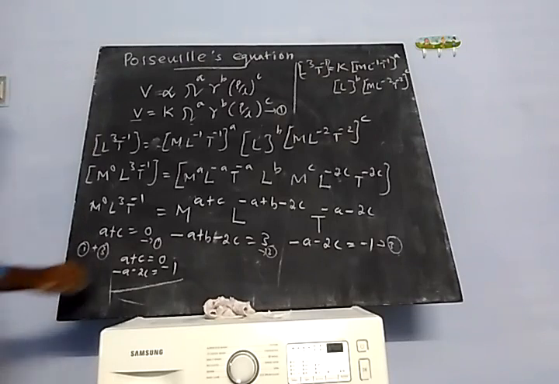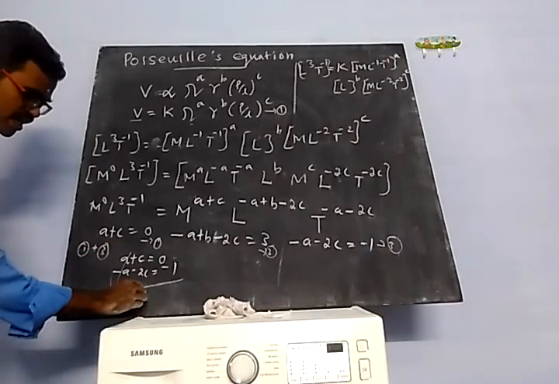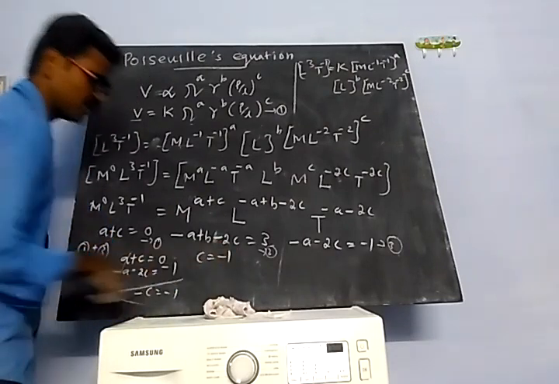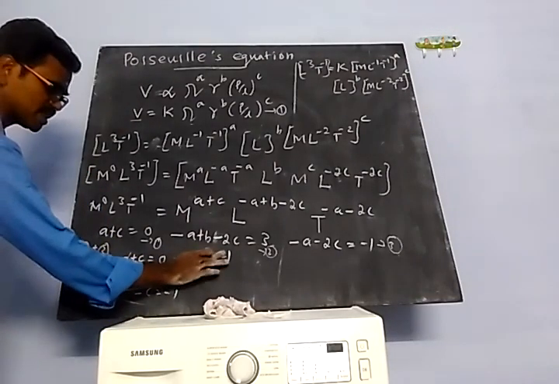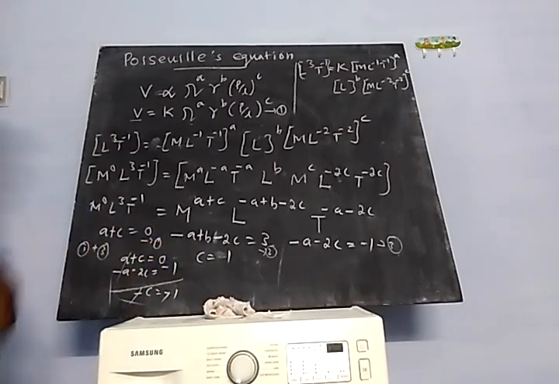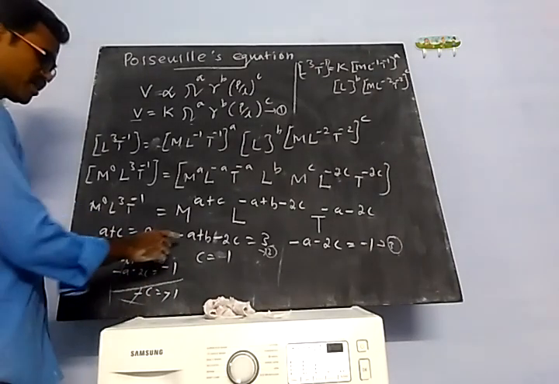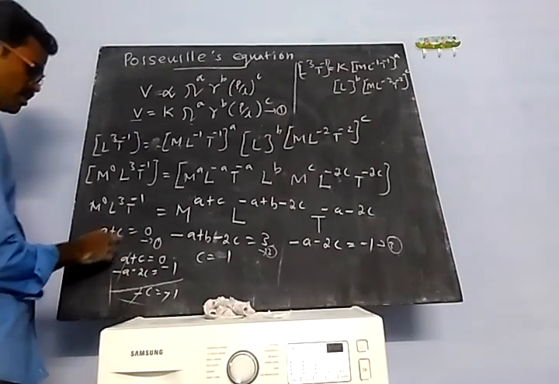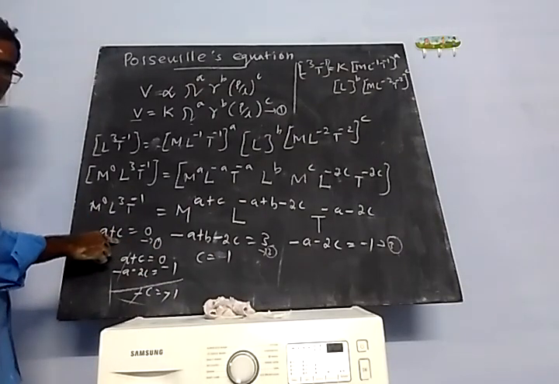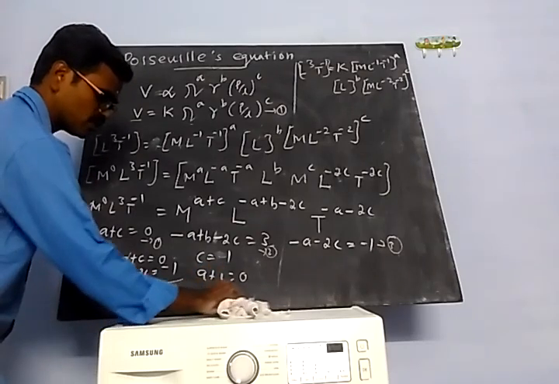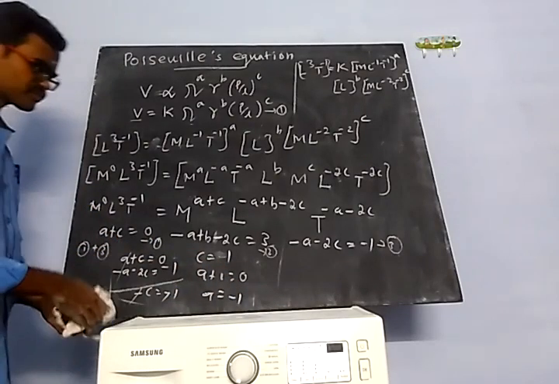Now adding these equations, this cancels and minus c is equal to minus 1. Minus minus cancel, so we get c is equal to plus 1. Then substitute that value in equation number 1. With c equal to 1, a plus 1 equal to 0, then a is equal to minus 1.